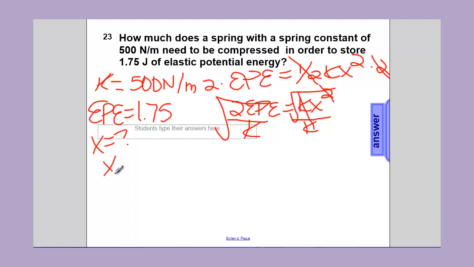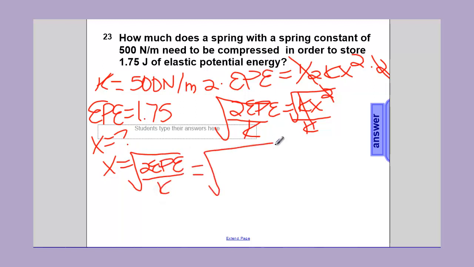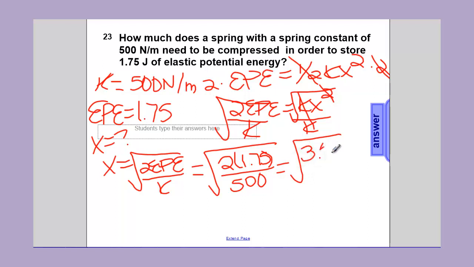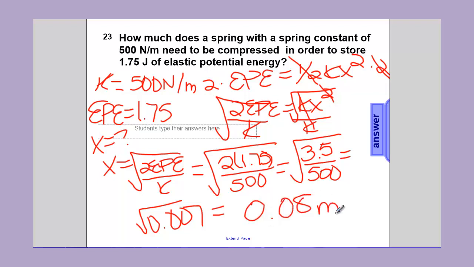So now we've got X equals the square root of 2EPE over K. It's going to be the square root of 2 times 1.75 over 500, which is going to equal the square root of 3.5 over 500, which gives us the square root of 0.007, and we get that X equals 0.08 meters.